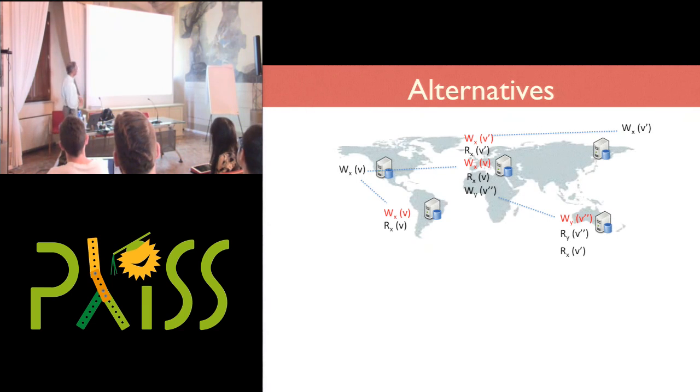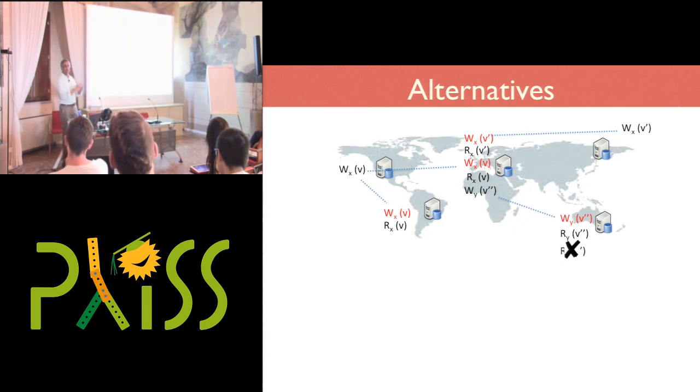The reason it would not be allowed is because in order for me to have read v prime, I must have had a write to v prime, and that write is coming either from the rightmost replica or from the middle replica. Both of them have seen a write to x of v prime. Well, in some sense, the write to v prime from the right replica hasn't happened, so I don't know about it and I can't see that.